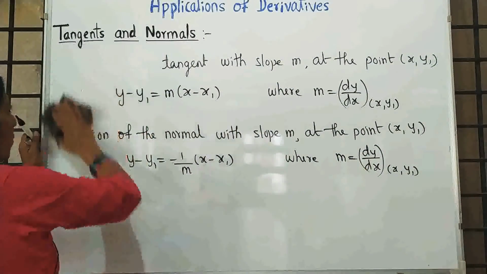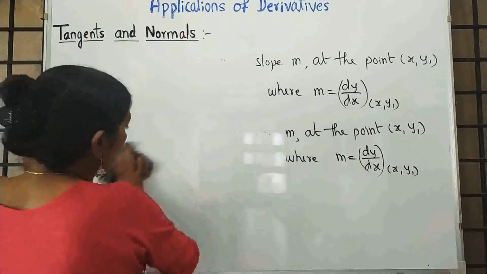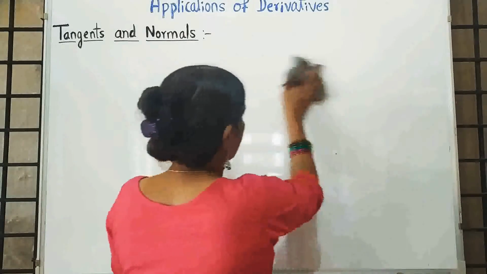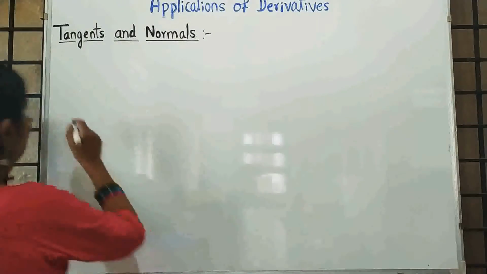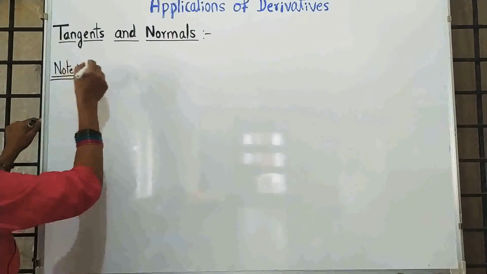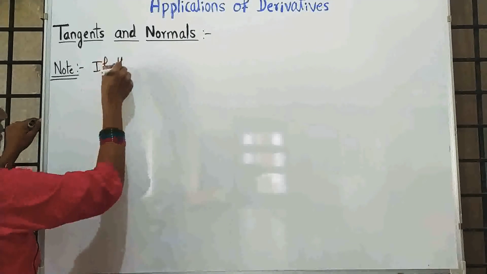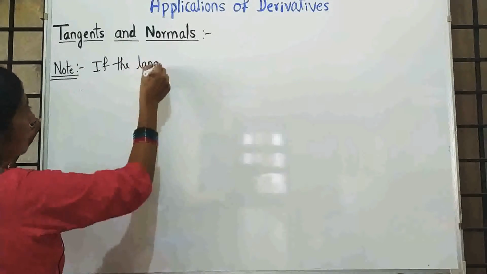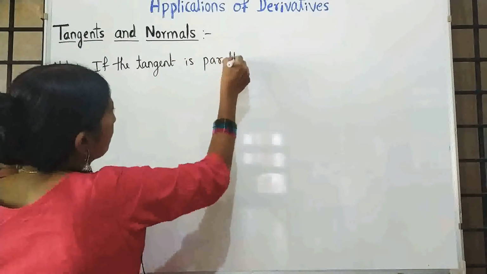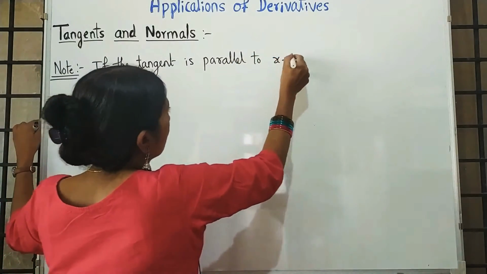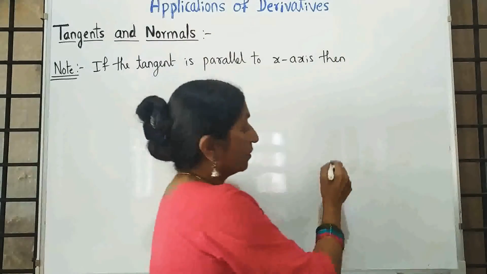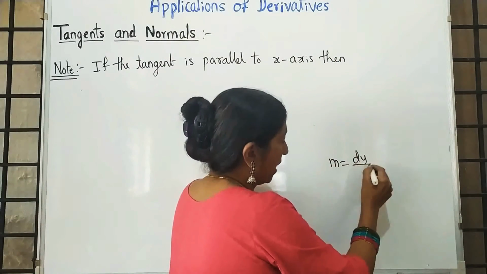Now I am giving you one important point, it helps you to solve the examples. Read the important note. If the tangent is parallel to x-axis, see, already you are familiar, slope is dy upon dx at x1 y1.